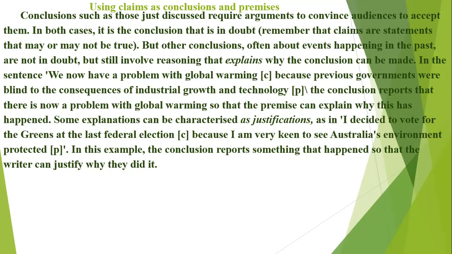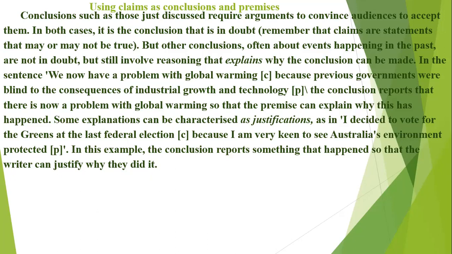But other conclusions, often about events happening in the past, are not in doubt but still involve reasoning that explains why the conclusion can be made. In the sentence, we now have a problem with global warming, c, because previous governments were blind to the consequences of industrial growth and technology, p. The conclusion reports that there is now a problem with global warming so that the premise can explain why this has happened.